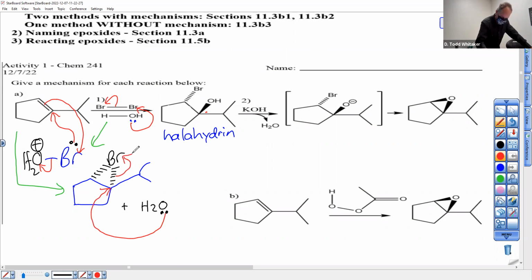Then you get an oxonium. Oxonium intermediates are very common in organic chemistry, aren't they? So we have on a wedge the new water with 2 H's on it and a plus. That's an oxonium. And the old dash on the left did not break.